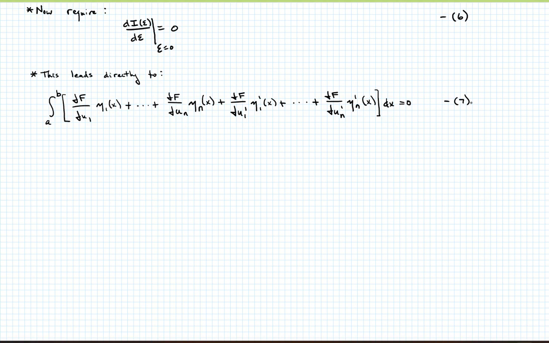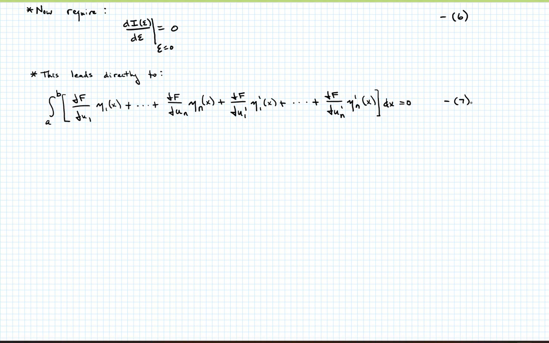Now you may have been wondering, well, I'm using a single epsilon, but I have all these different eta values, and I still have to satisfy these constraints. So are all these eta functions independent? And the answer is no, they're not.